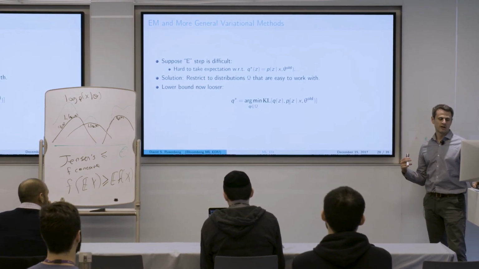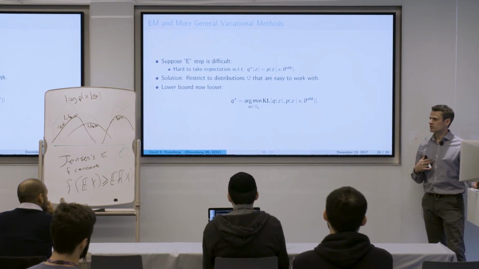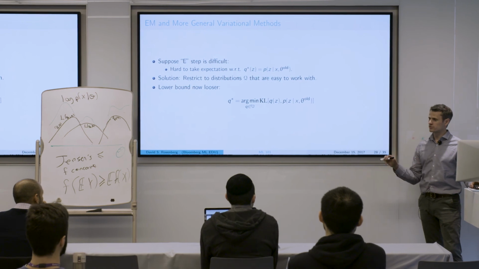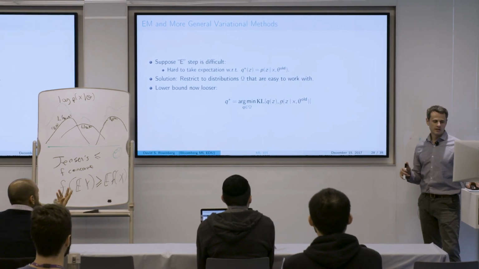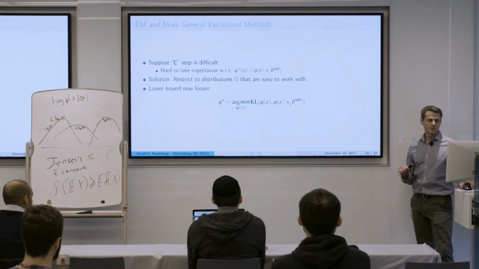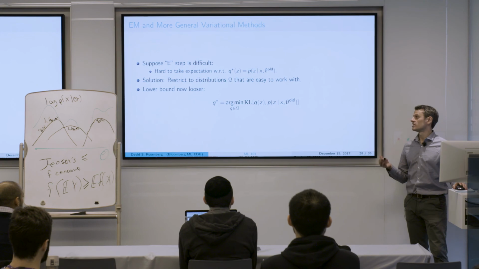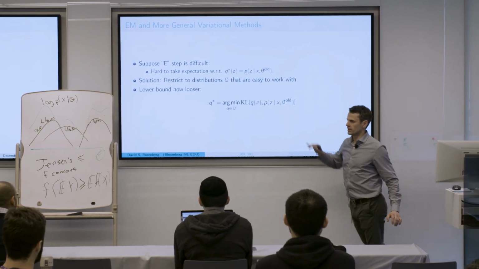I can tell you right now. This is a restricted search, but if we search over all distributions, the best Q will be P(Z given X, theta old). The only issue is that P(Z given X, theta old) may be difficult to use in the next step, which is taking an expectation with respect to that distribution.